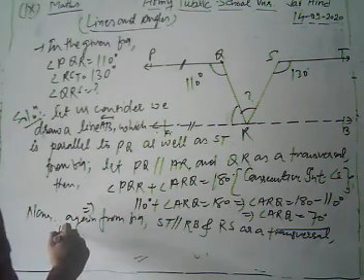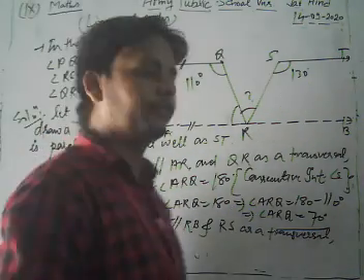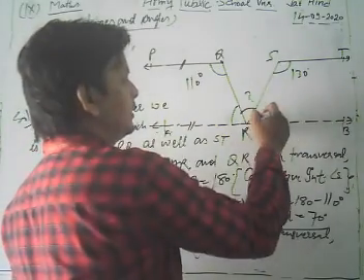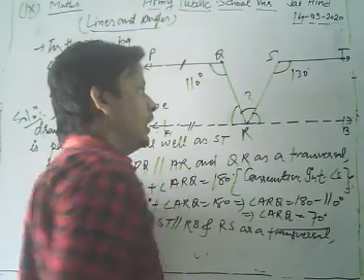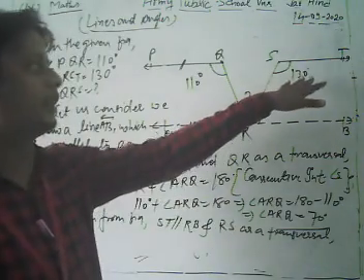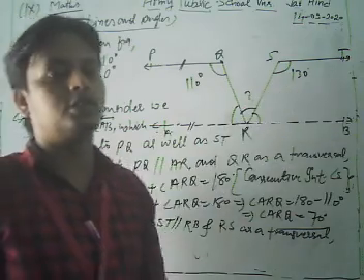Here angle BRS and angle RST are the pair of consecutive interior angles, and as I discussed, the pair of consecutive interior angles are supplementary to each other.